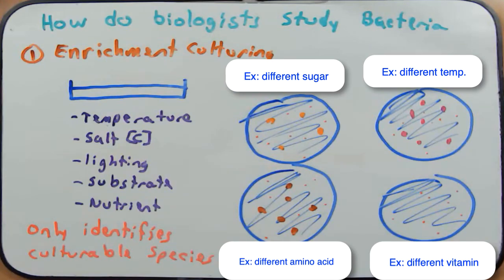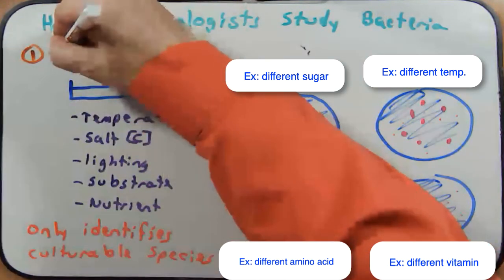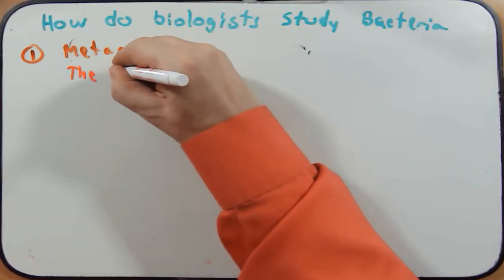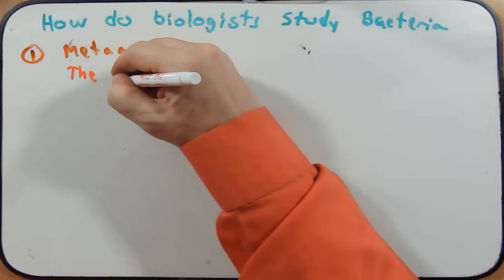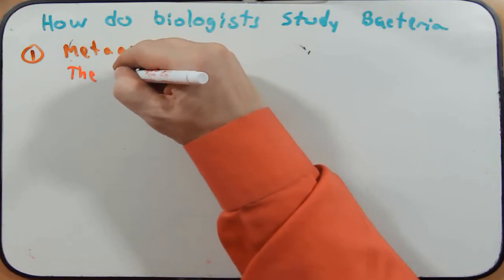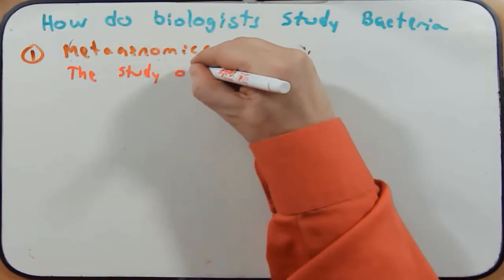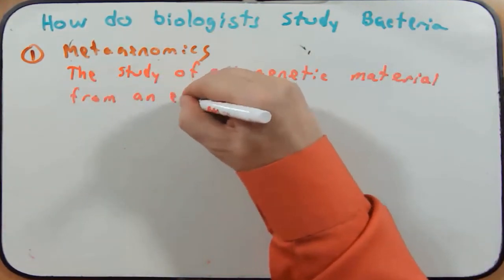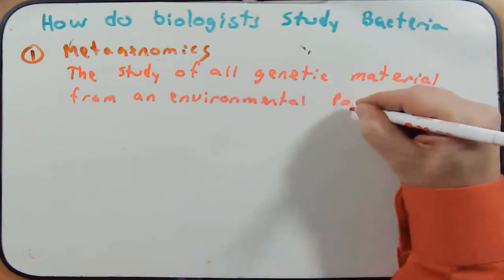And that's when we come to our second way to study bacteria, metagenomics. What is metagenomics? This is the study of all genetic material within an environmental population. So how does this work?